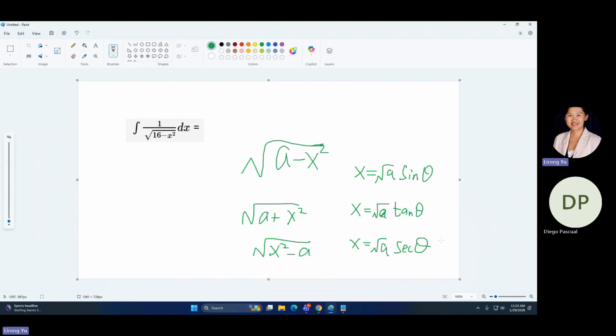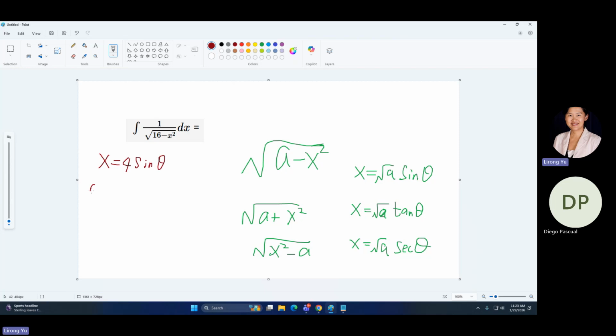For example, in question 1, we have 16 minus x squared. That fits the first scenario, right? So if we follow the first example, we'll be doing x equal to 4 times sine theta.